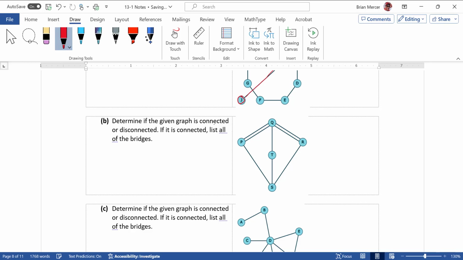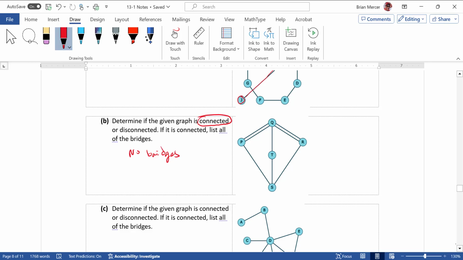So that is connected, but there are no bridges, because if you take any one edge out, so there are no bridges. If you take any one edge out, then it doesn't affect your ability to get from one vertex to the other. You just may have to go another direction.